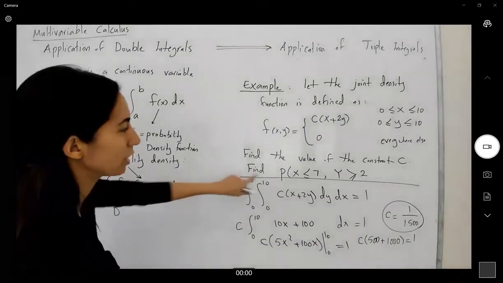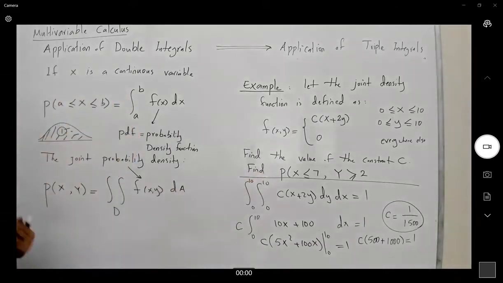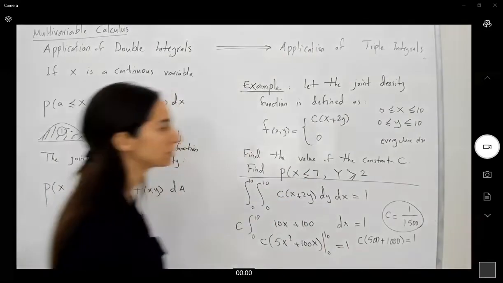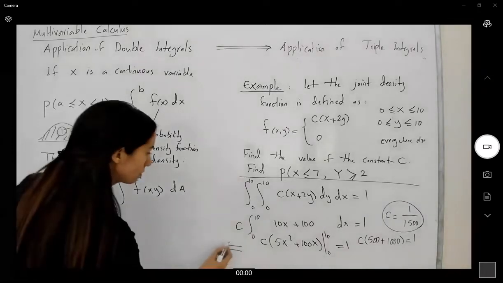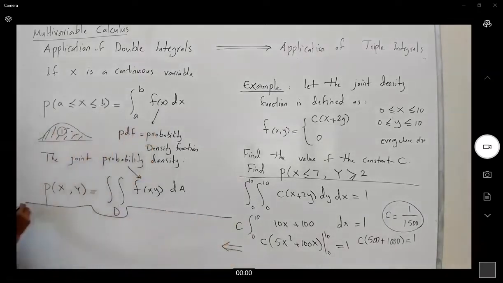Now I can calculate the probability that x is less than or equal to 7 and y is greater than or equal to 2. Okay, let's do the calculation. Here you have a double integral.